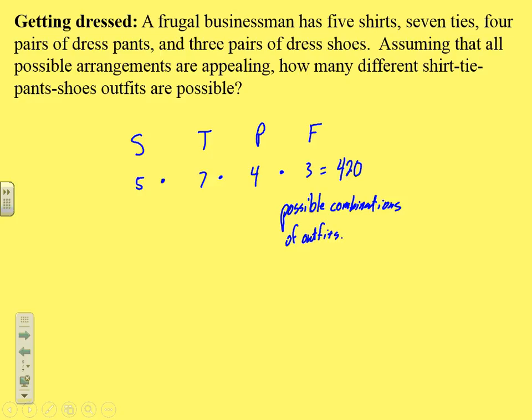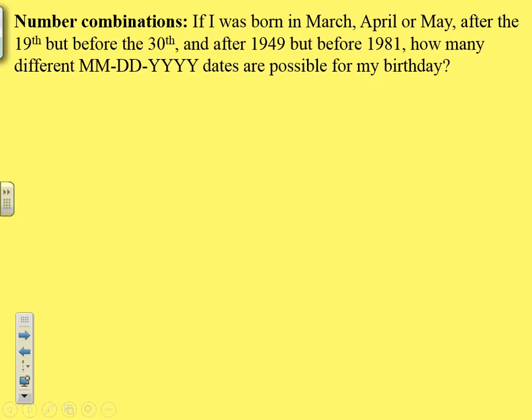Identifying how many variables do you have. In this case, I have 4 variables, and each one has a different number of entries. So there's 5 shirts, 7 ties, and so on. And because we're combining them in different ways, there's going to be 420 possible combinations in this case.